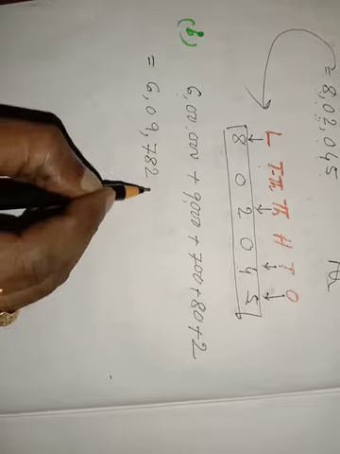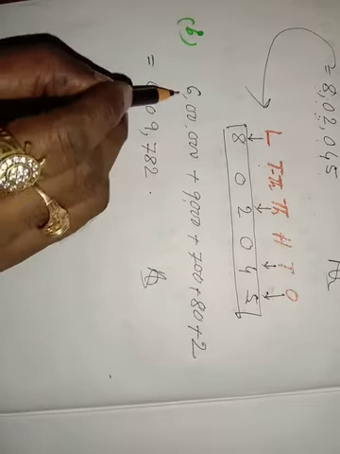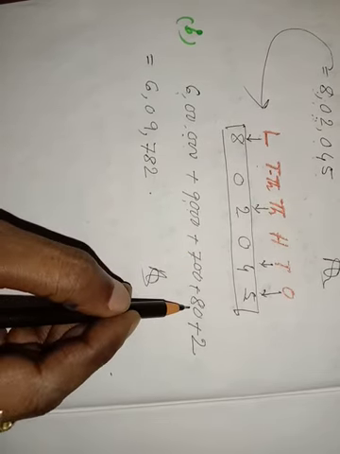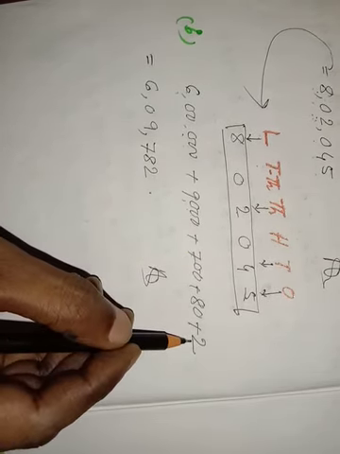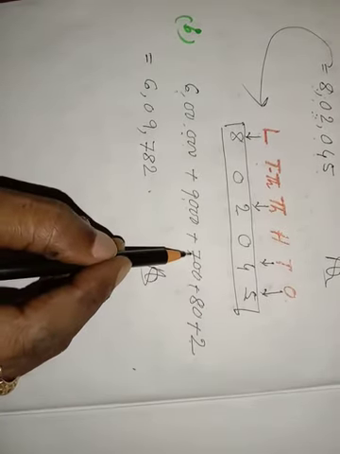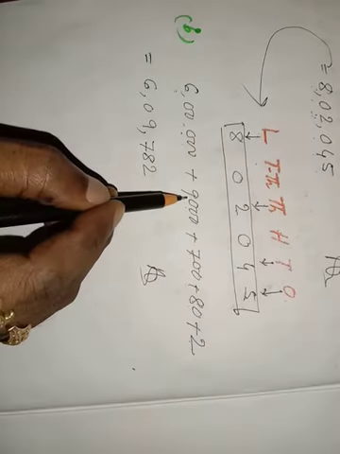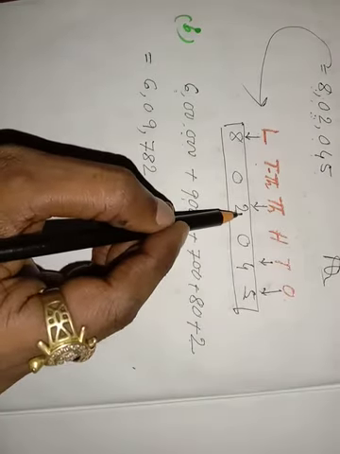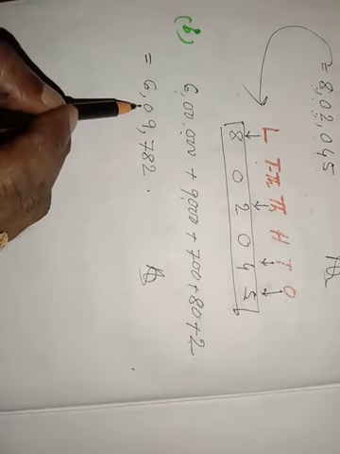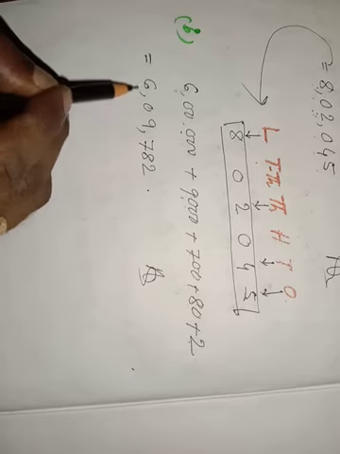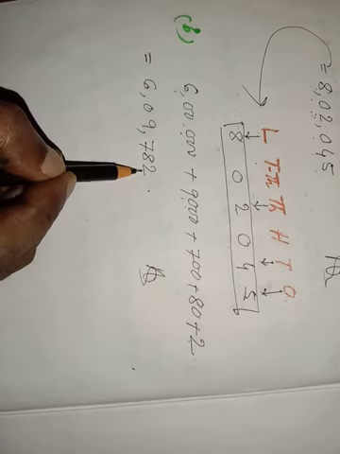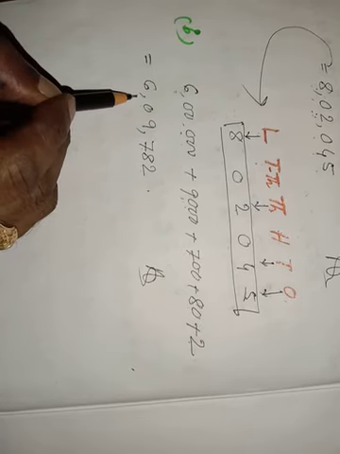I am repeating the number again. 6,09,782 means 1's place is 2, 8 means 10 place, this 700, 7 means 100 place, and 9 is on 1000 place, and 6 lakh place, and 10,000 place 0, only you have to place here 0. That means 6,09,782. This is all about B part of number 6. I think it is clear for you.